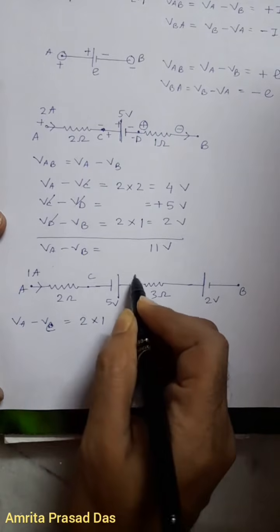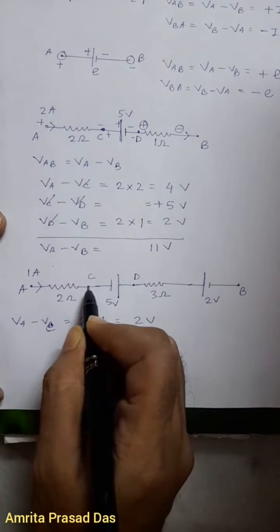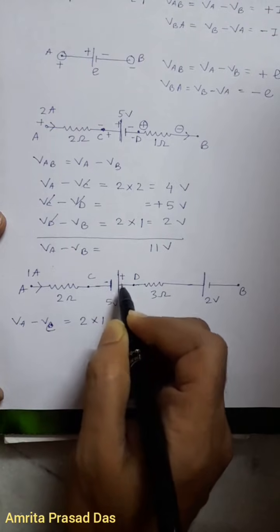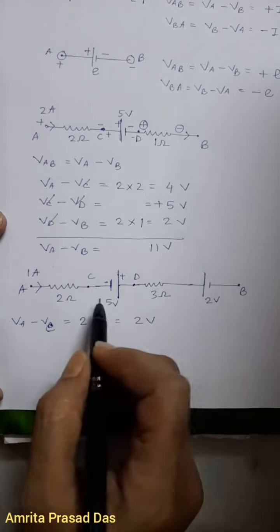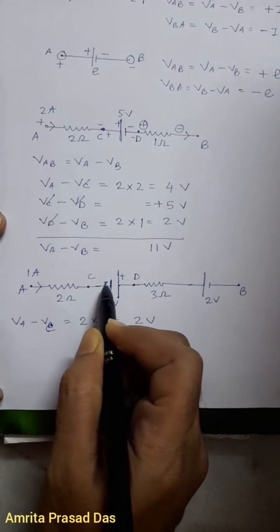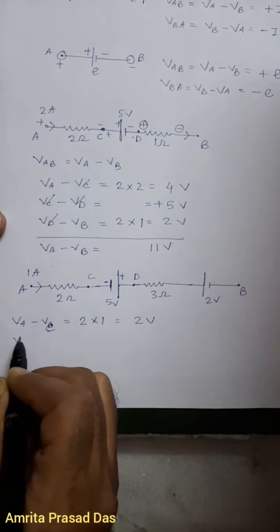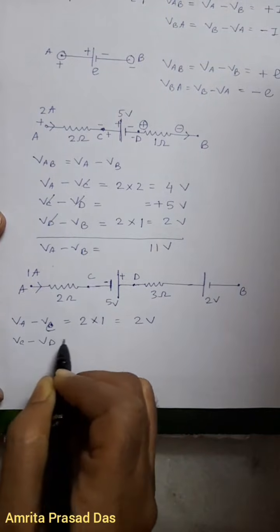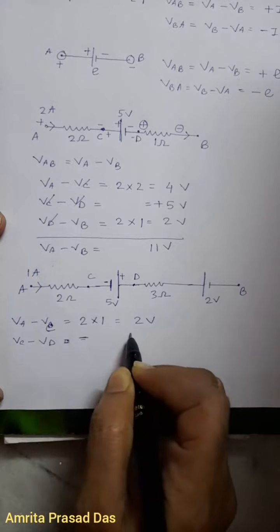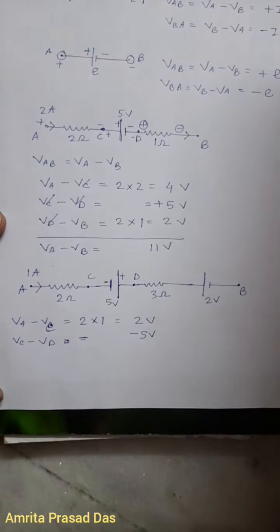Now consider another point D. C is connected to the negative of the cell and D is connected to the positive of the cell. Therefore, with respect to D, C is at low potential because this is connected with negative terminal of the cell. Therefore, Vc minus Vd, this must be negative, that is, I can write it here, minus 5 volt.